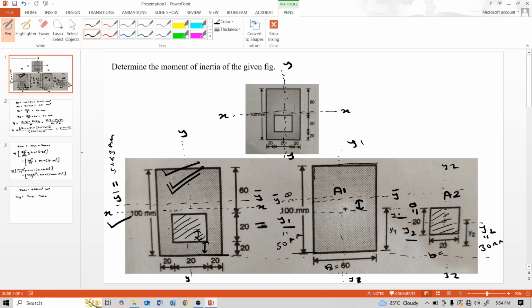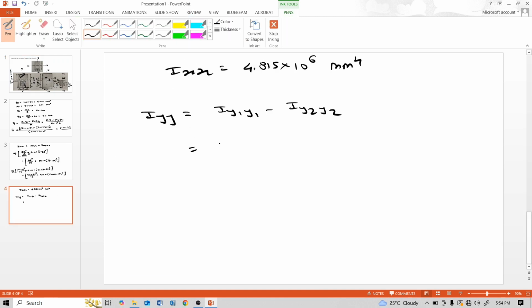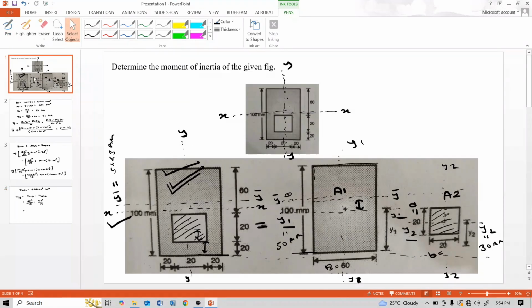So I y1 y1 is capital B capital D cube by 12 minus small b small d cube by 12. And there is no eccentricity for neutral axis about y axis.